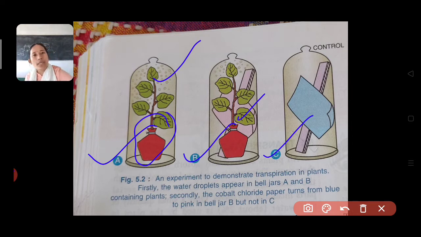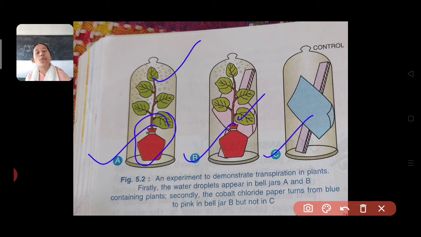Now in case of B also, along with observing the droplets of water in the bell jar, what will you also observe is your cobalt chloride paper, which was initially blue in color, has turned pink. Now what does that indicate? Like I told you before, it indicates that there was water present, water released through the leaves of the plant. Okay, so this indicates that transpiration occurs in a plant.